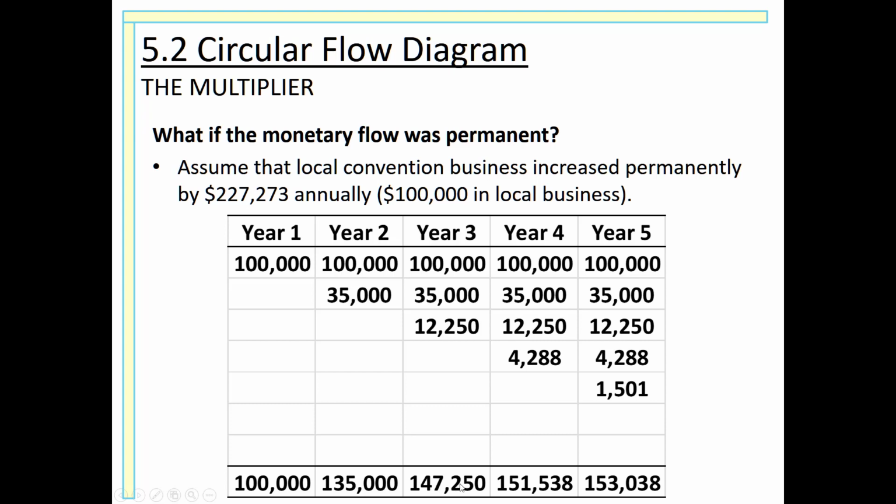See how those things multiply? The difference from the previous example is that in the previous example, that $100 only happened once. Here we have a conference center that has one convention per year. So every year there's a new cash inflow of 100. Now the multiplier is going to happen for each of these cash flows.